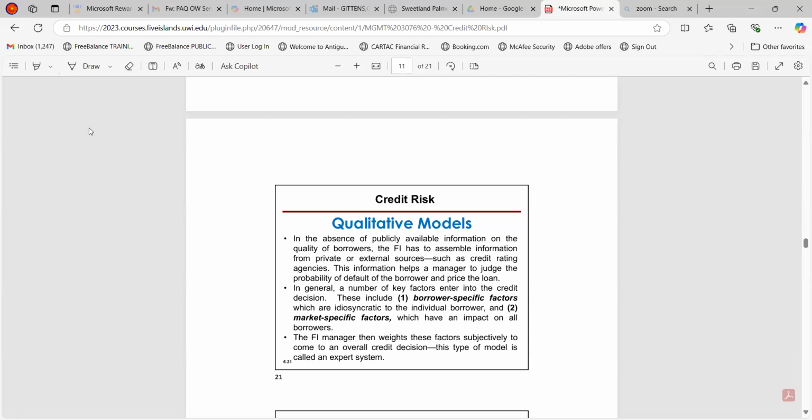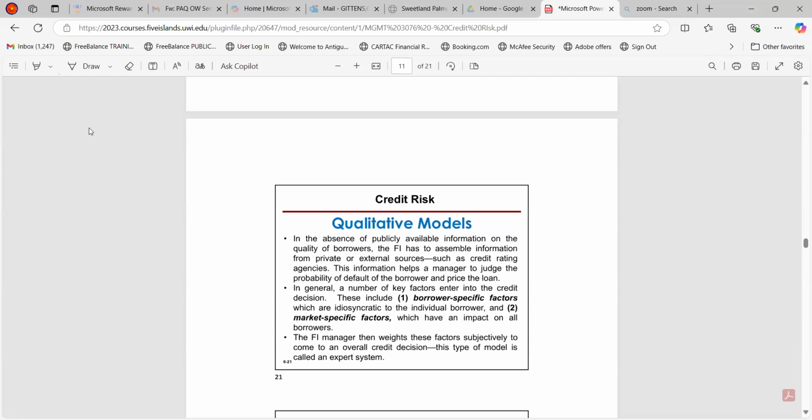They can look at how many loan defaults they have, what their percentage of loan defaults is to successfully repaid loans. So they gather all of this information and come up with information that they can use.